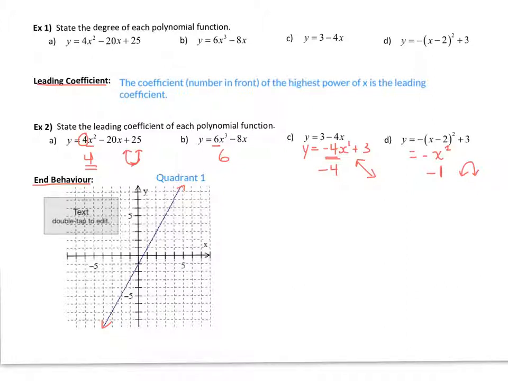So when your x is negative but your y is still positive, that is quadrant 2, and it continues around in a circular fashion here. Quadrant 3 is in our bottom left corner. Come on, text box. There we go.